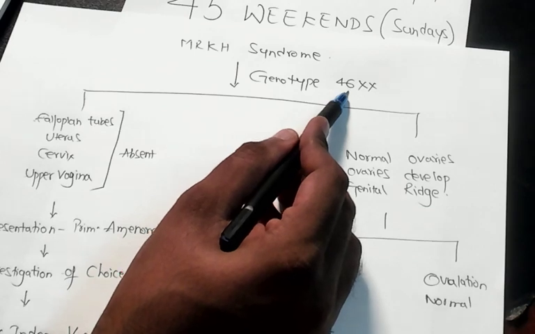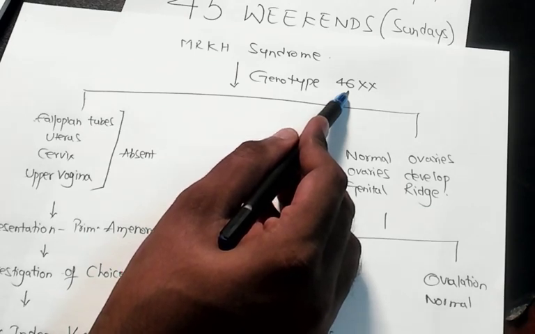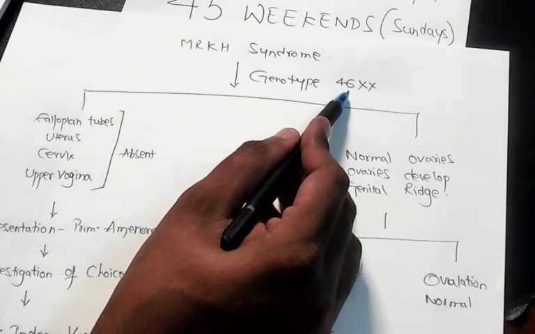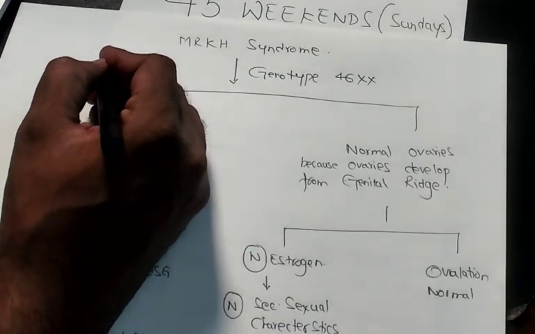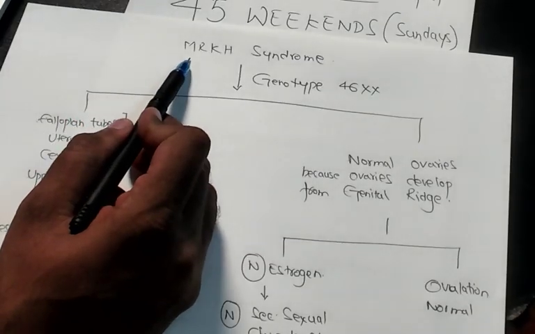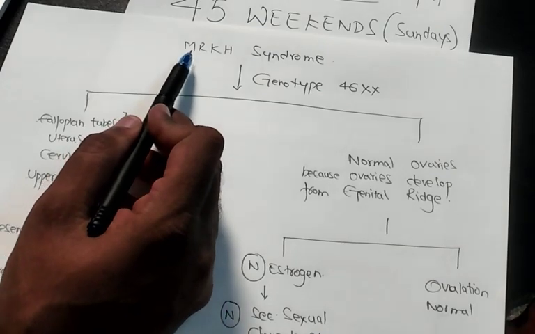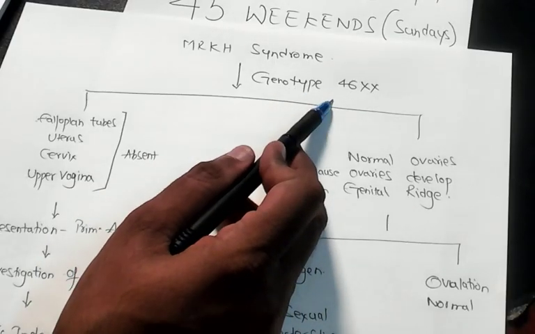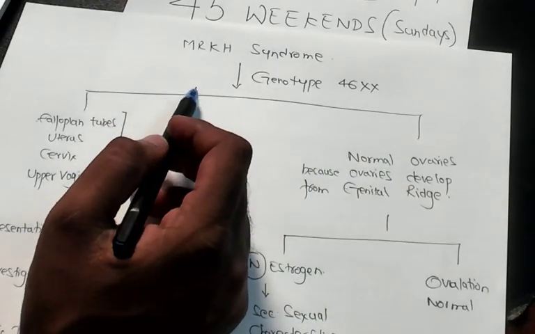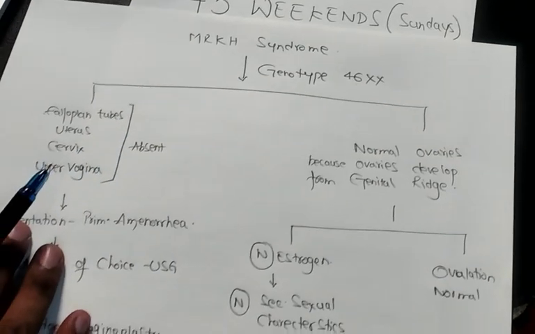Even testicular feminization syndrome, which is also called androgen insensitivity syndrome, also has a blind ending pouch-like vagina. That is the reason you should know: if it is testicular feminization syndrome, it is 46XY, whereas in MRKH syndrome, the genotype is 46XX. That is what you need to remember.